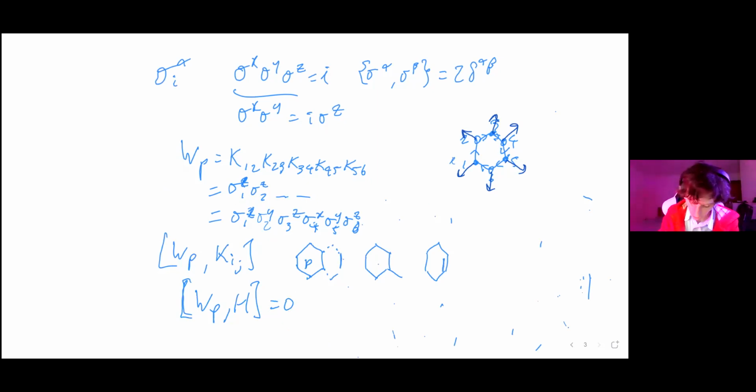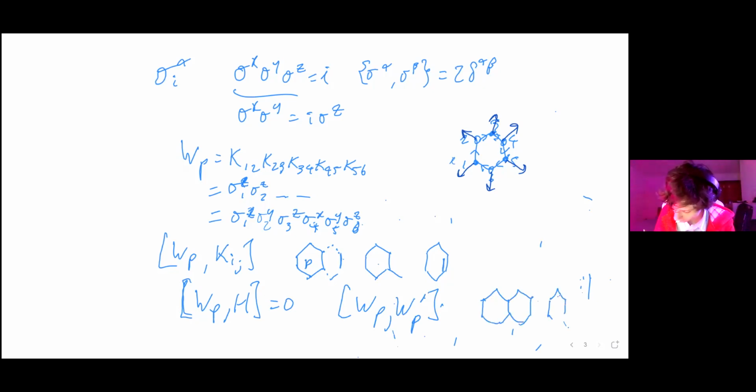Yeah, that's neat. Another thing about them is they commute with each other, and there are two cases to consider: adjacent hexagons or non-adjacent hexagons. For non-adjacent hexagons, everything in sight just commutes. Something I want to note: these spins on different sites commute, which is very important.